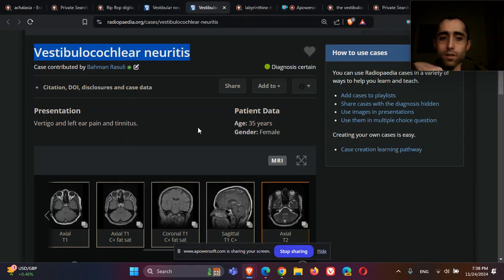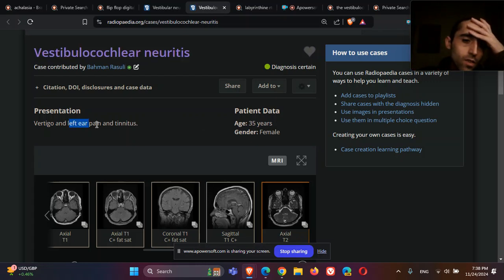And usually in vestibular neuritis, you won't expect auditory manifestation, no hearing loss, tinnitus less commonly. So if there is tinnitus, you may even call it viral labyrinthitis and not vestibular neuritis, even though he says here vestibulocochlear neuritis.